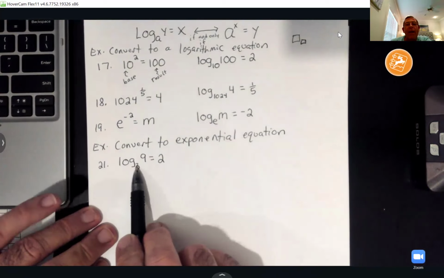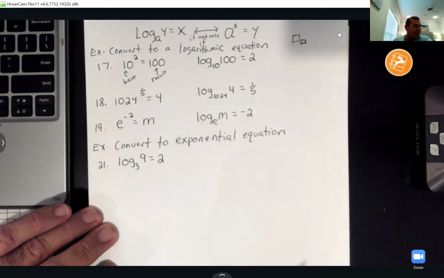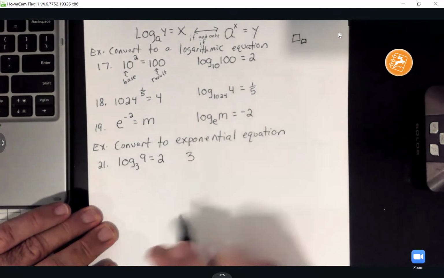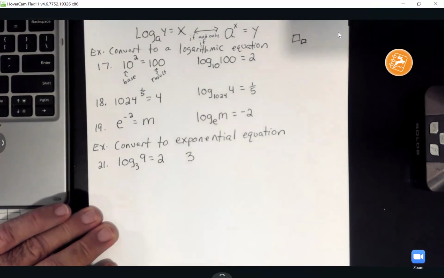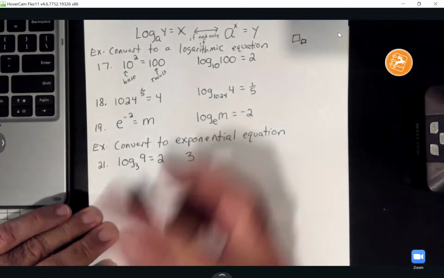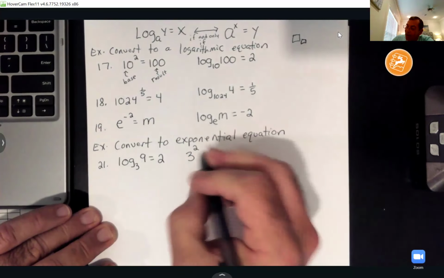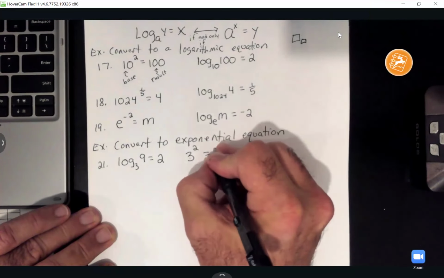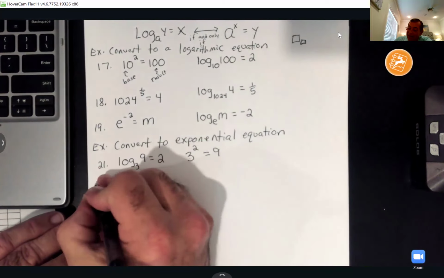So if I'm going to rewrite this as exponential, what's my base? 3. What would my exponent be? 2. Okay, because remember the log finds the exponent, and 3 squared equals the result of 9. There you go. And that's true. 3 times 3 is 9, okay?